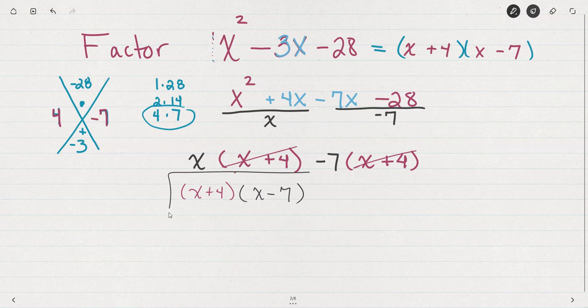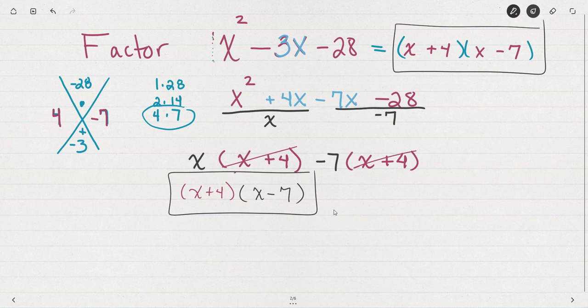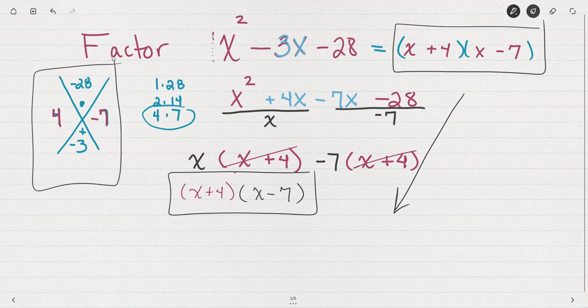And look, that's the same thing I had up here. You don't have to go through this method. We could have stopped when we got the plus 4 minus 7. But notice that this breaking it down into 4 pieces does work. Let's move on to another example.